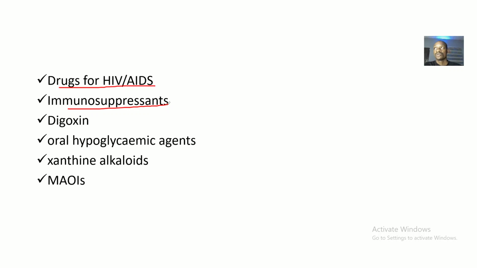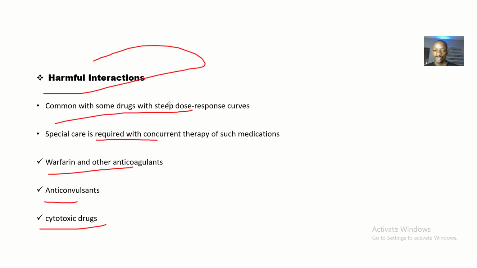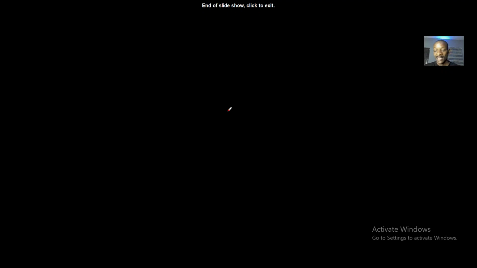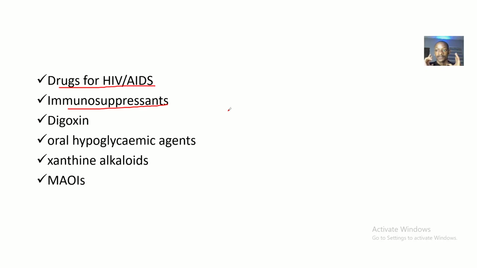So you take these drugs so that it will suppress your immune system, so that your body will be tricked to accept that organ that was transplanted to you. Do you understand? So these drugs are all drugs that have what? A steep dose response curve. They are likely to have harmful drug-drug interaction when you take them in combination with other drugs.